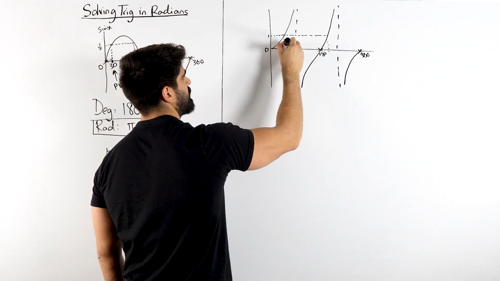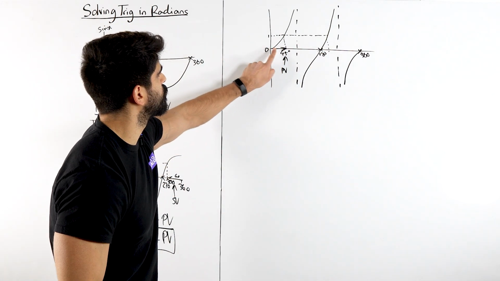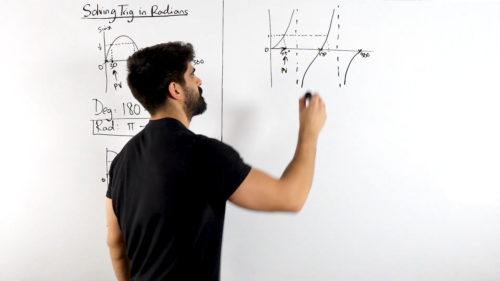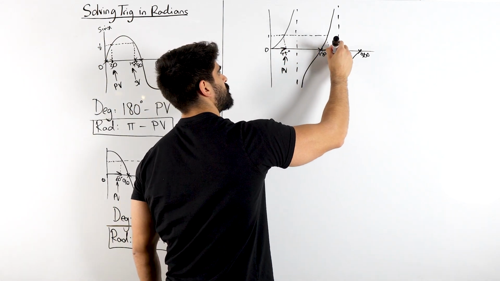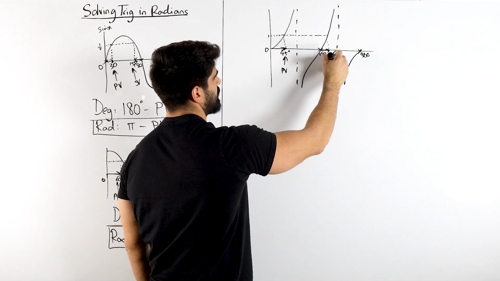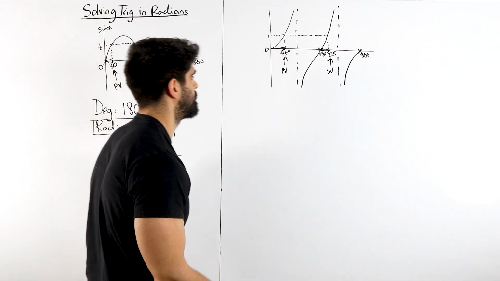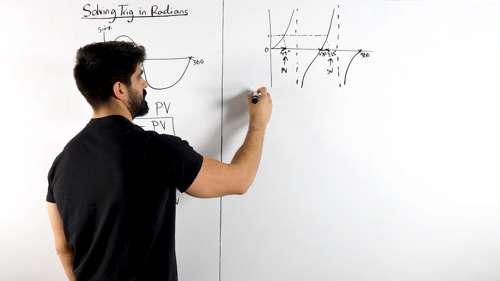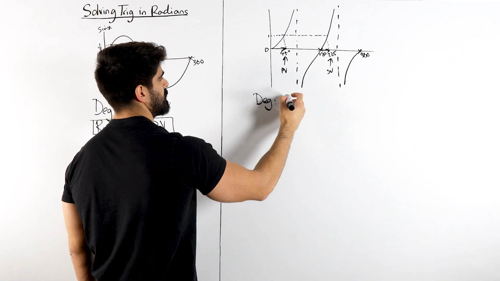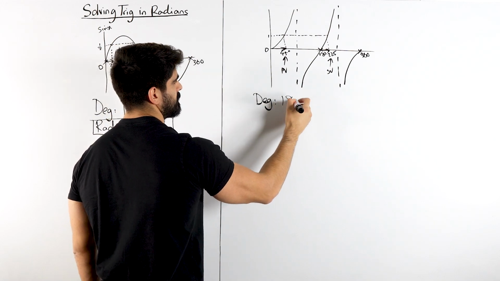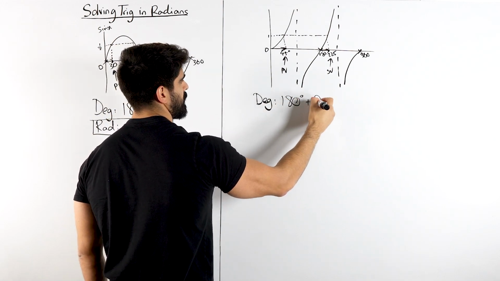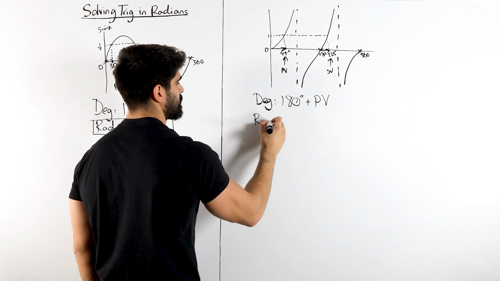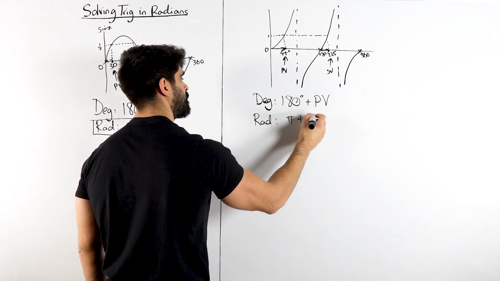That's 45 in. Then we're going to move across to the 180, and it's 45 in again, which is 225. And that's how you work out the secondary value for tan. So in degrees, for tan, you do 180 plus the primary value, which means in radians, it's pi plus.